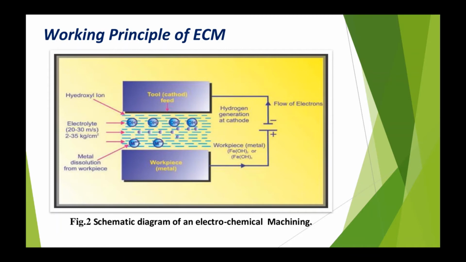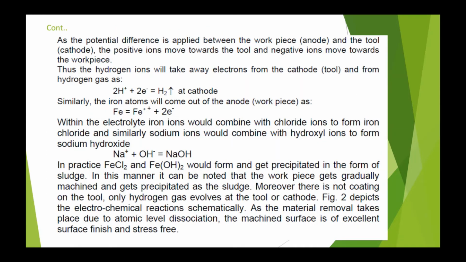as shown below. When a potential difference is applied, we will get Na+ and Cl-. As the potential difference is applied between the workpiece, that is the anode, and the tool, that is the cathode, the positive ions move towards the tool and negative ions move towards the workpiece.